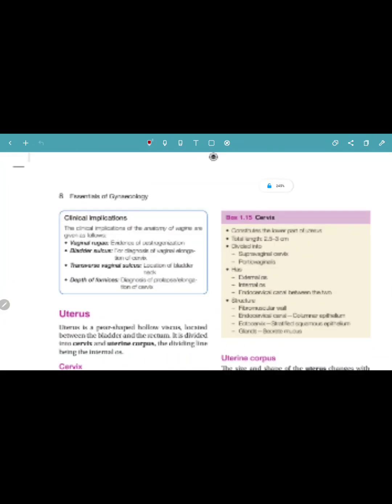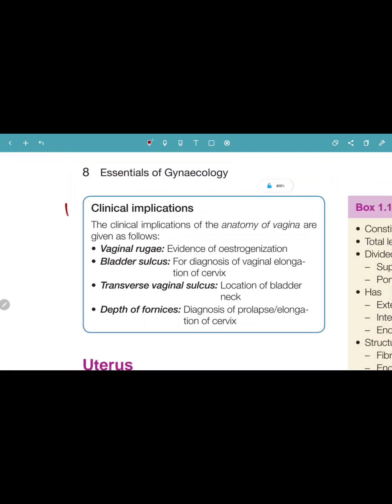So what are the clinical implications that we have studied so far? The clinical implications of the anatomy of the vagina are given. First is the vaginal rugae. What is the importance of vaginal rugae? It is evidence of estrogenization.